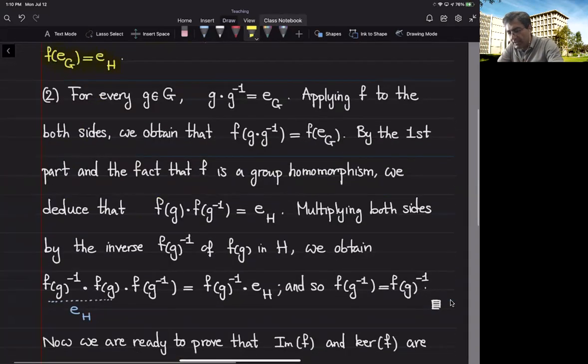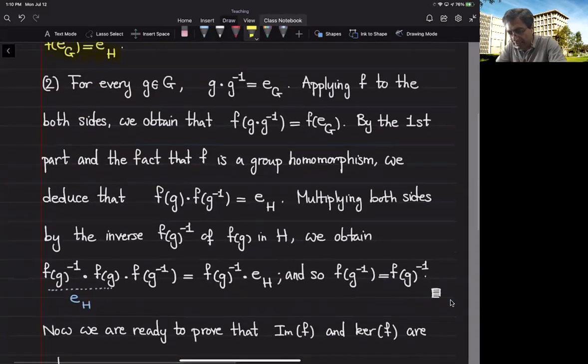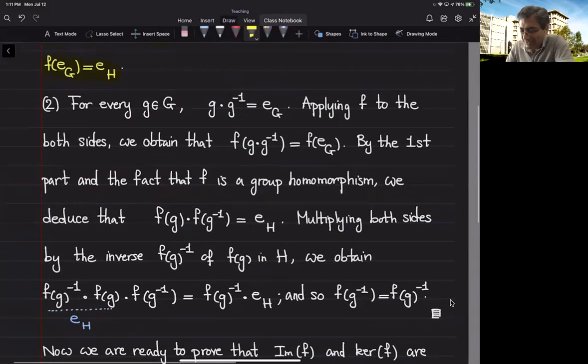Now let's see why the inverse of an element is sent to the inverse of its image, so F of g inverse is F of g inverse. In order to show that, we start with what it means to be g inverse. That means that g times g inverse is the neutral element of the group. Now I'm going to apply my group homomorphism to both sides.